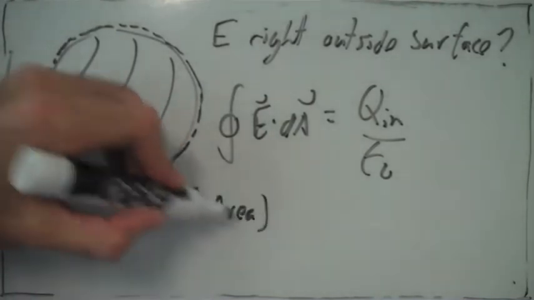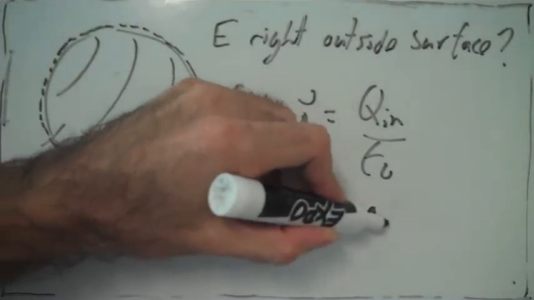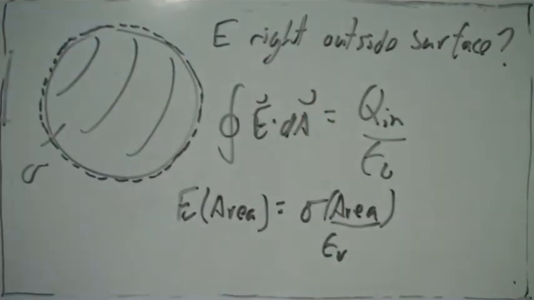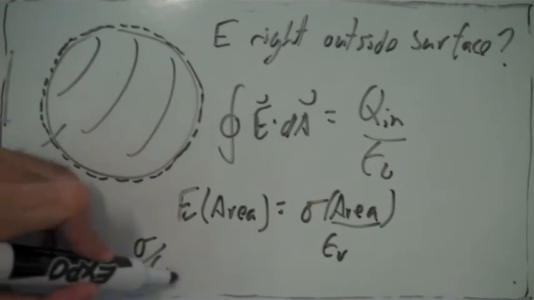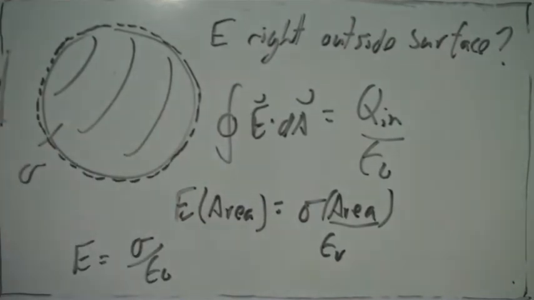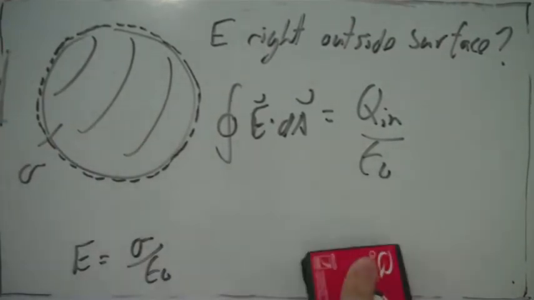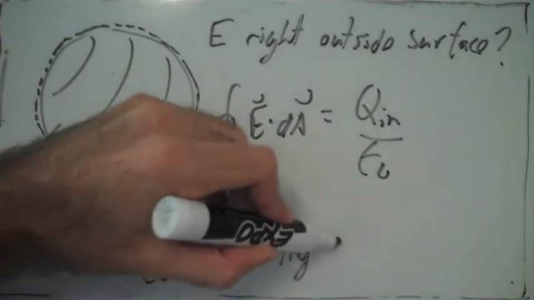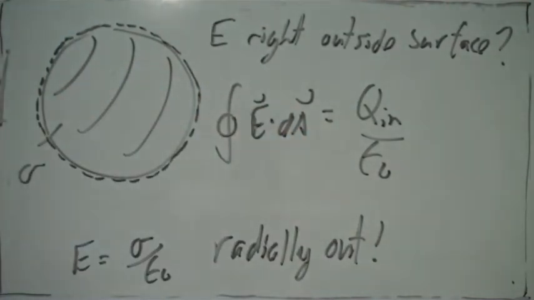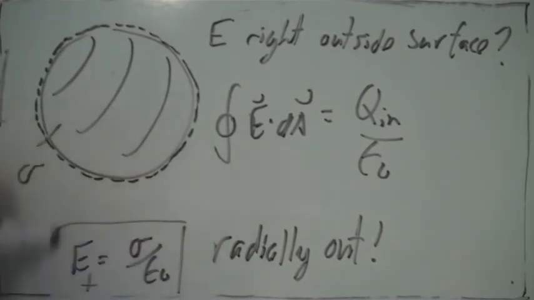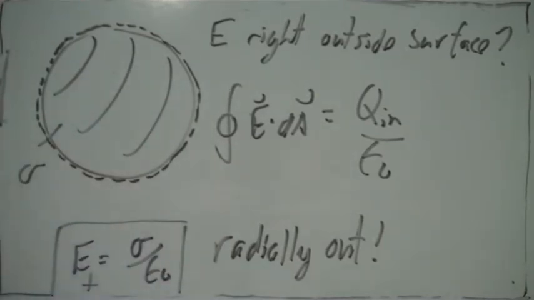And the electric field times the area of the surface is equal to the charge inside, which is the surface density times the area divided by epsilon naught. So the areas cancel out and the electric field right outside the surface is given by this, and it points radially outward. So we know the electric field of a solid spherical shell. We call this E+.